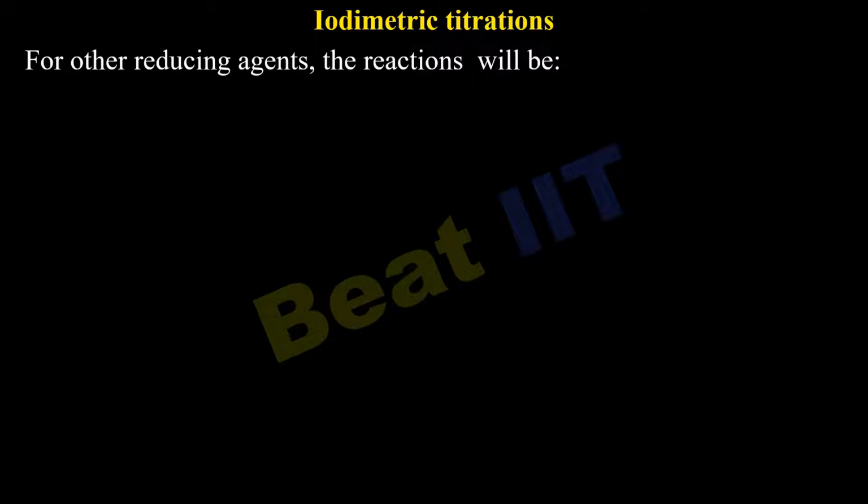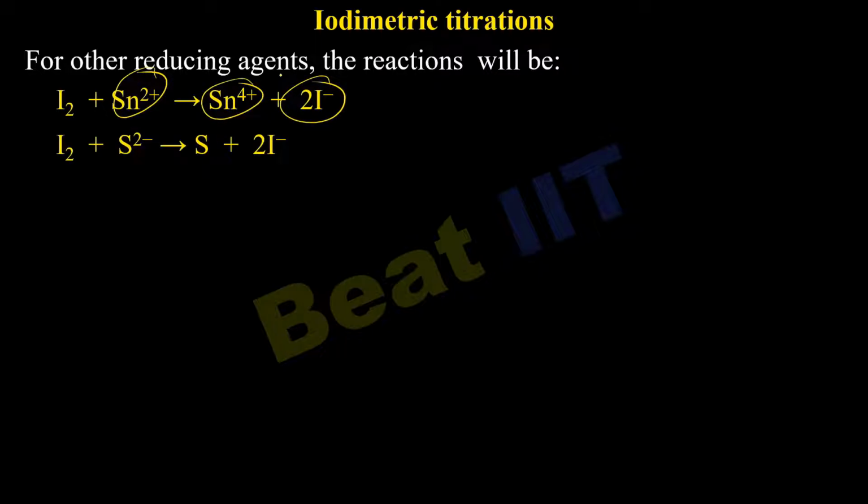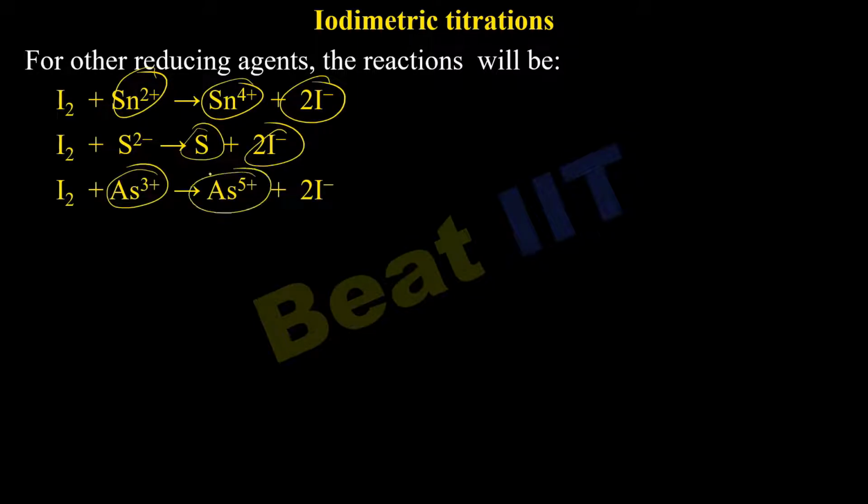For other reducing agents, the reactions are, for example tin, this will be the reaction: I2 plus Sn2+ will give you Sn4+ and we will get iodide ion. With sulfide ions we will get sulfur and iodide ion. With As3+ ion we will get As5+ ion and iodide ion.